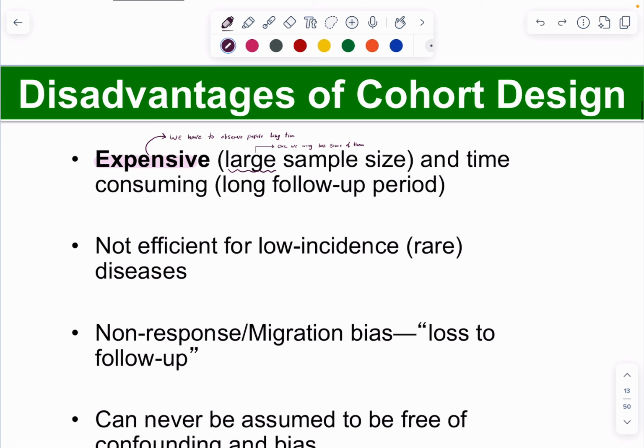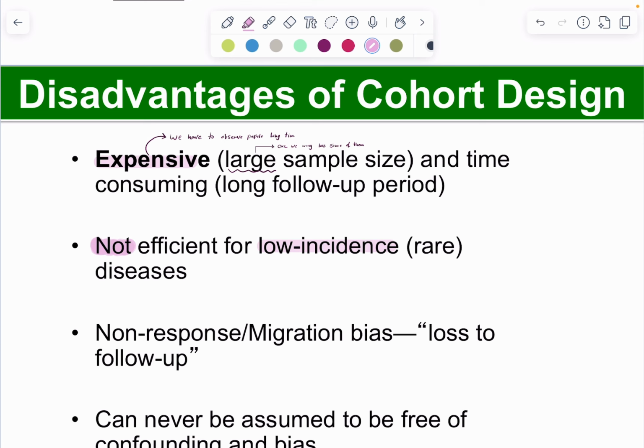Maybe some of the people who have the potential to develop that disease are lost to follow in the middle, and you are following only those people who will not develop that disease. Who knows? So at the end of the study you will get none; no person develops that disease. So it means this is not an efficient design if you know that the disease is very rare.